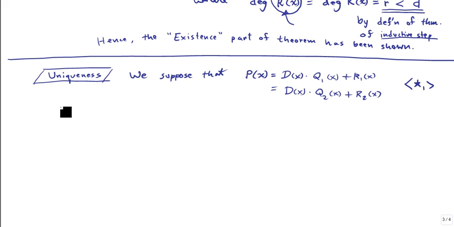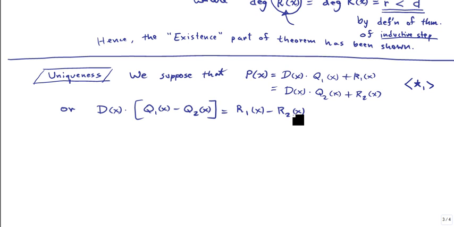Okay? Or another way to write the star 1 equation is to bring the common d terms together. So I would have d of x times q1 of x minus q2 of x is equal to r1 of x minus r2 of x.